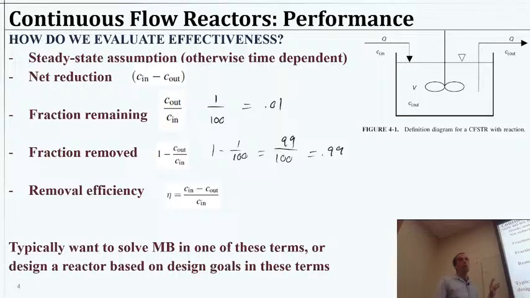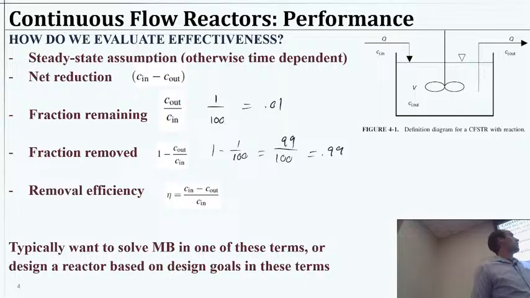Okay, so that's going to be a useful conversion thing to look at. And we could solve our mass balance and separate it for that specifically if we wanted to. It's also possible that we solve it for C in or for C out, and then if we know the other one or calculate the other one, we can just put this into our equation.